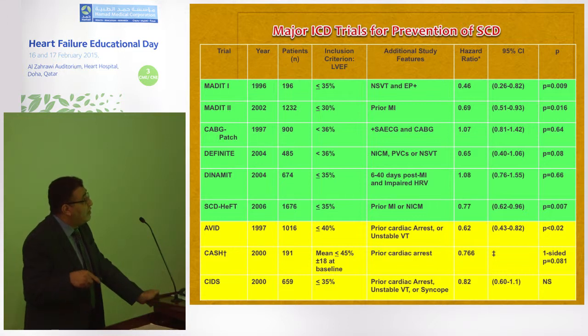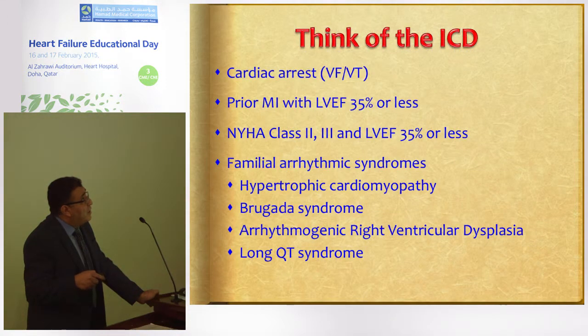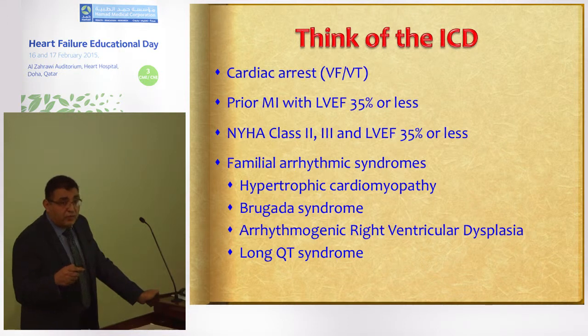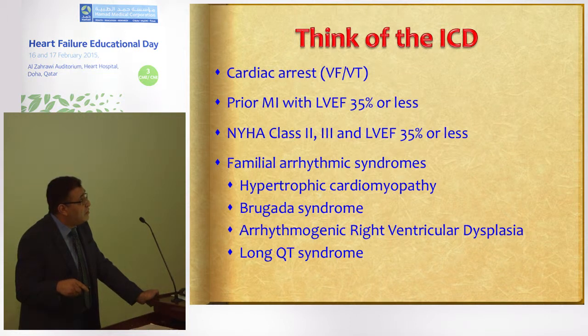And the ejection fraction is more in those below 35%. Basically, we need to think of an implantable defibrillator in patients who have survived cardiac arrest with no reversible cause, prior MI with decreased ejection fraction below 35%, and symptomatic heart failure with low ejection fraction below 35%.